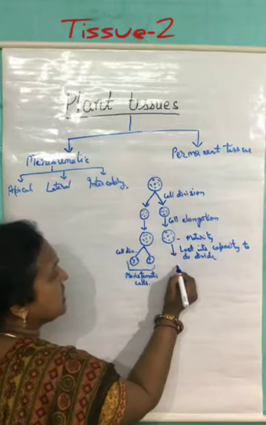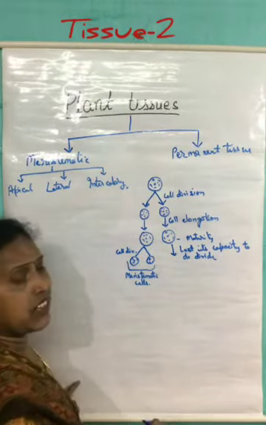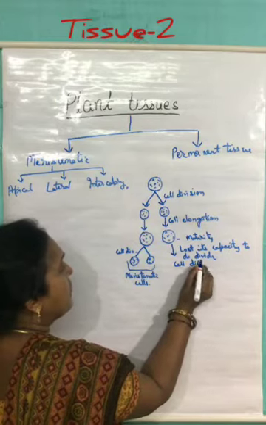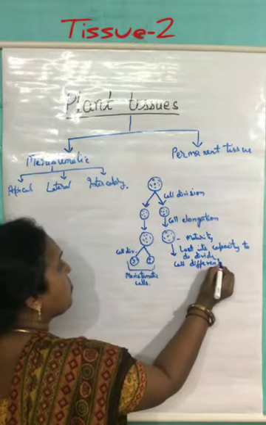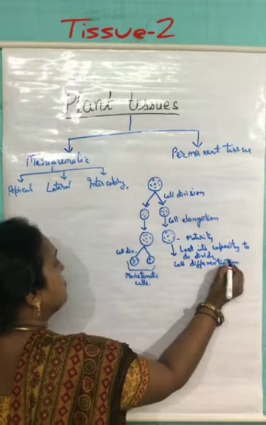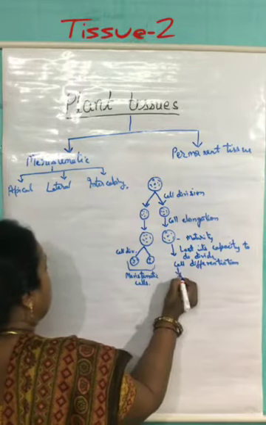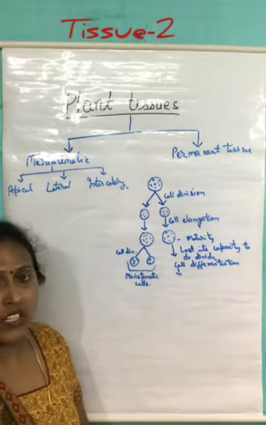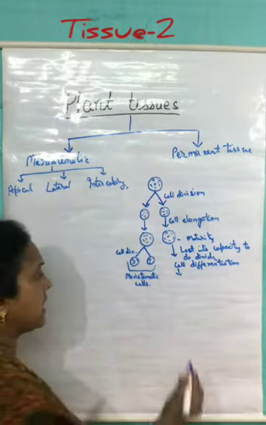This cell starts modifying itself, and it can undergo the process of cell differentiation, during which this cell will modify its shape and size.